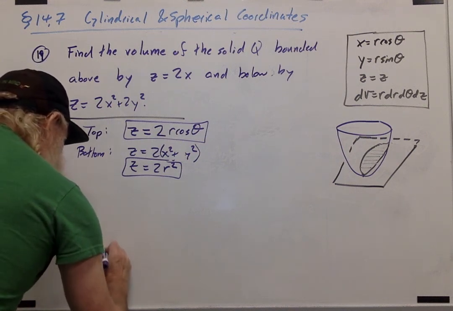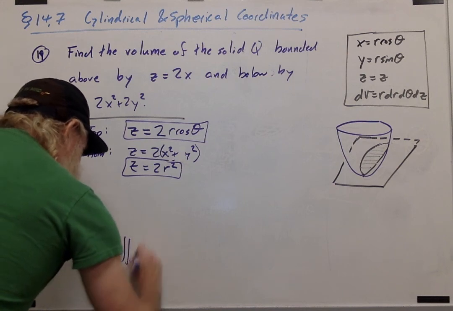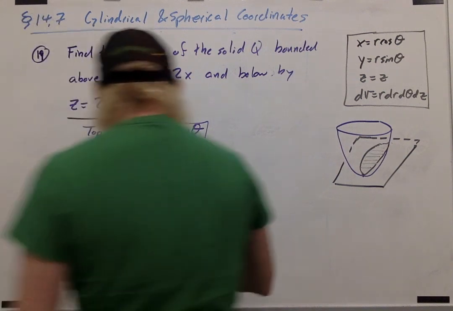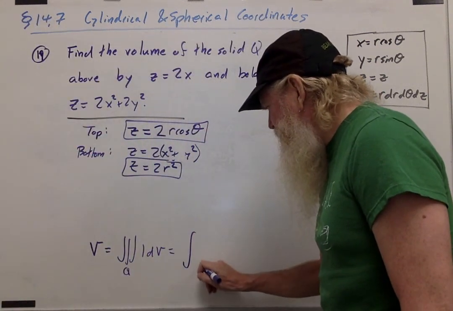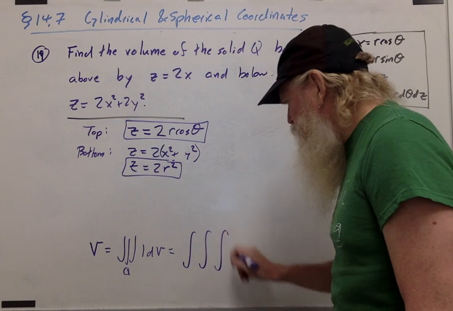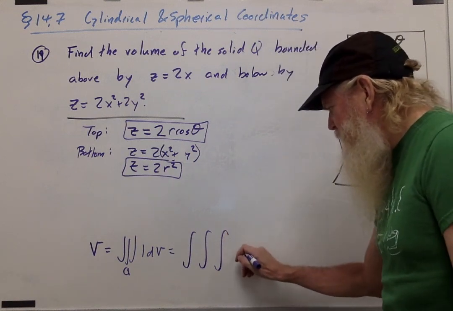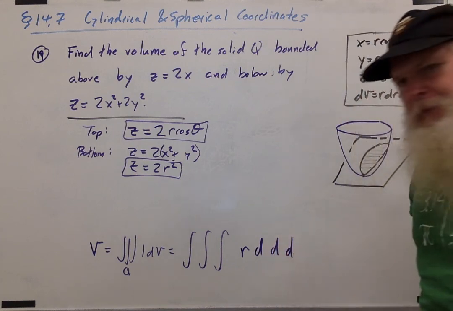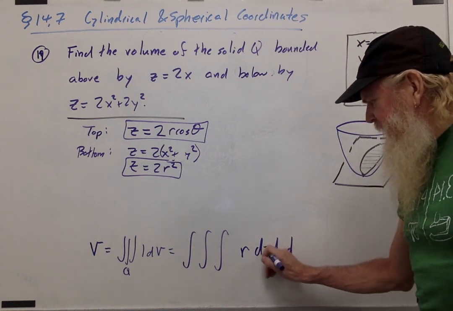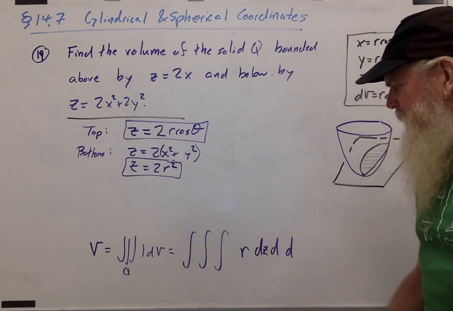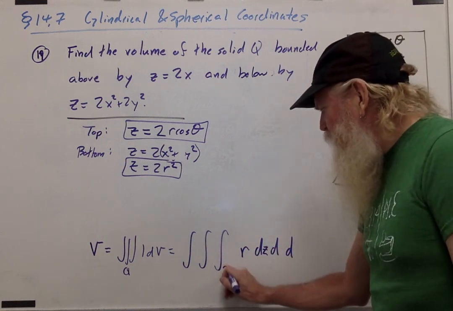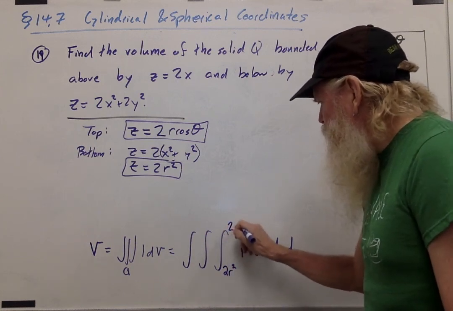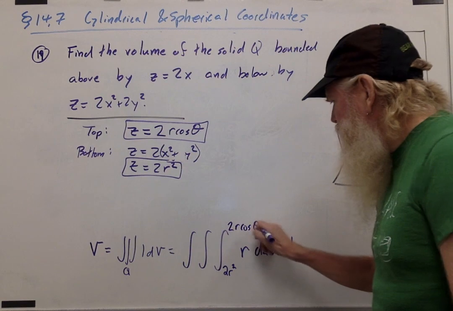We know that the volume of a solid is the triple integral over that solid of 1 dV. So what we're saying here is that we want the triple integral of 1 times r dr d theta dz, but I'm going to choose to write the dz first so that I can use the fact that z is going from 2r squared to 2r cosine theta.